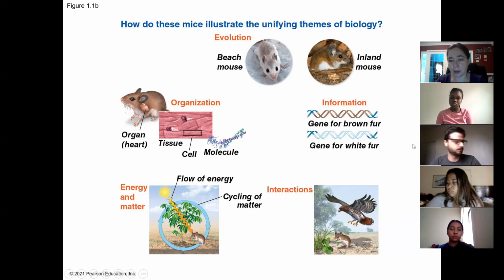So genetic material. Flow of energy. You probably learned how energy is transferred, like the cycling of matter, flow of energy from sun to plants, from plants to those who eat plants, from those that eat plants, and so on, right?